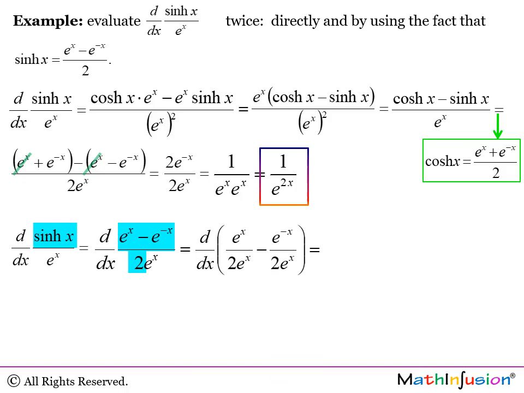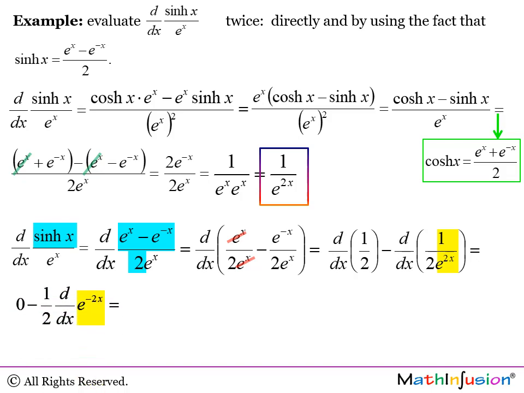From the first one we get 1 over 2, and then after simplifying the second part we get negative 1 over 2e to the 2x. We write 1 over e to the 2x as e to the negative 2x.